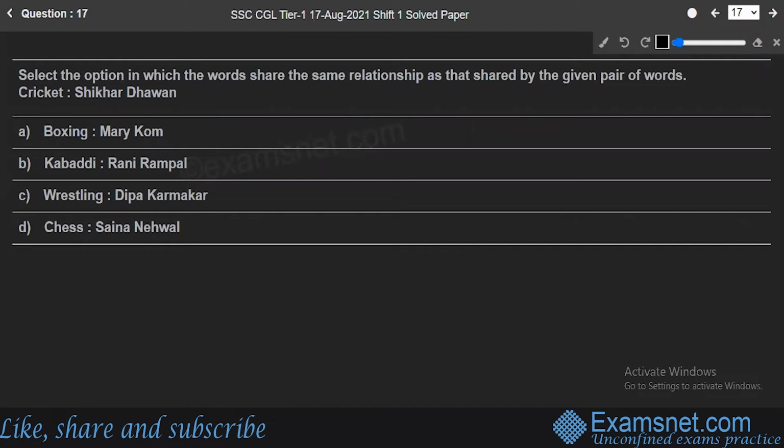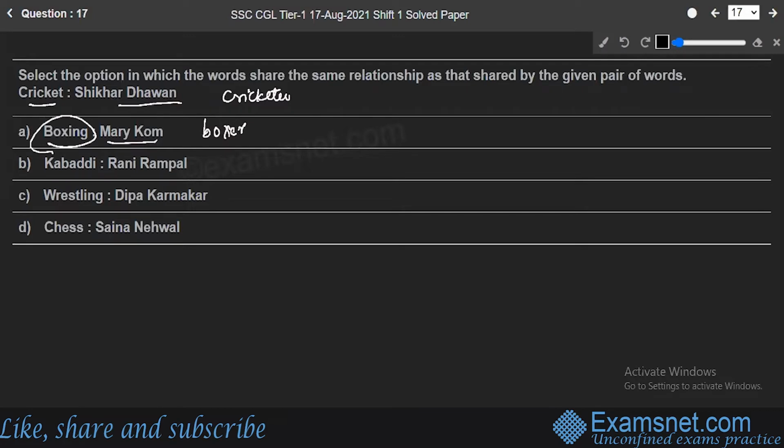See, in this question, if I'm talking about cricket and Shikhar Dhawan, of course, Shikhar Dhawan is a cricketer. So his sport is cricket. Similarly, Mary Kom is a boxer. So her choice of game is boxing.